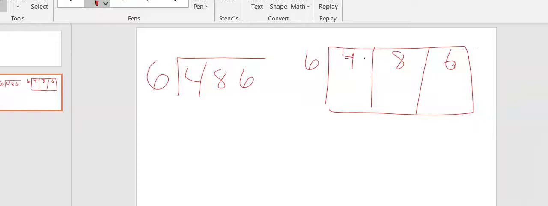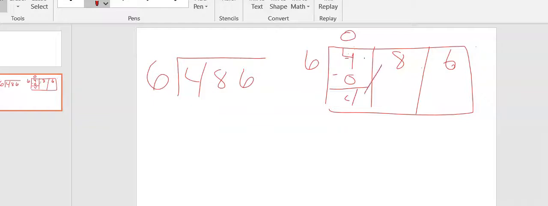All right, now we're looking at this. 6 goes into 4? Well, 6 is bigger than 4, so we're not going to be able to do that. We're going to have to say that goes in there 0 times, right? 6 multiplied by 0 is 0. So now we're going to have our 4 subtract 0 is 4.